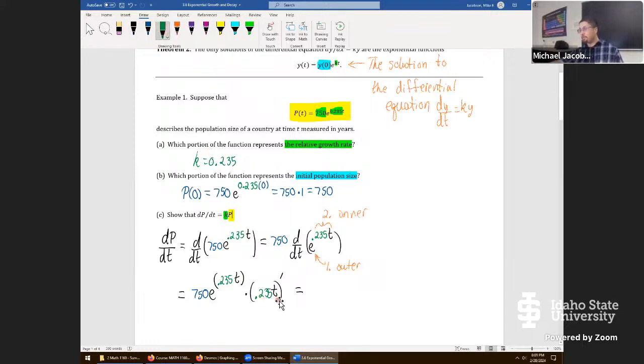So when I differentiate this one, I'm going to put it out front as 0.235. Now the rest of it is going to copy in, but I think a bracket is a good call this time. The rest of it is this stuff, 750 e to the power of 0.235 times t.